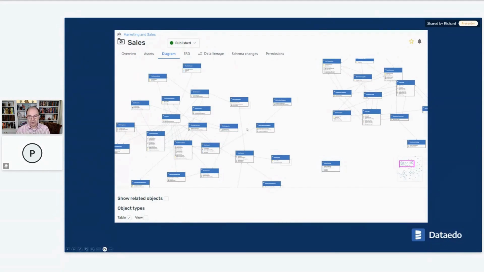Obviously, we're not going to have cross database relationships, join relationships. So that's why they cluster. But the important thing here is that the diagram generates this on the fly every time an object or a subject area is loaded. So every time this is generated dynamically.